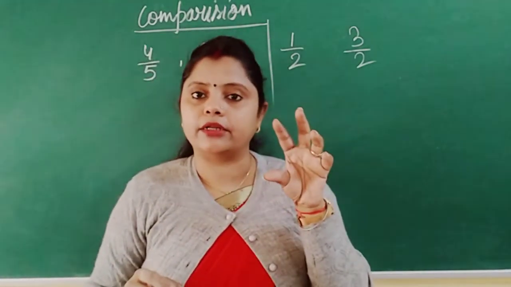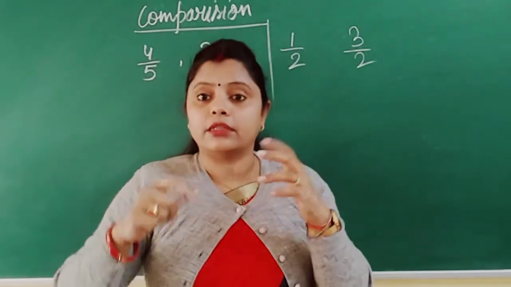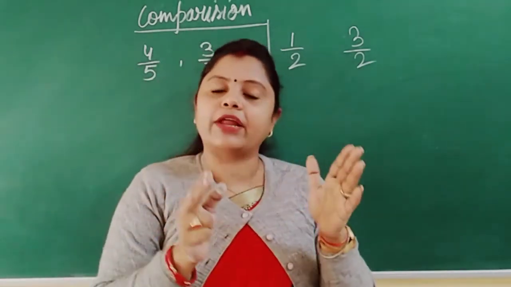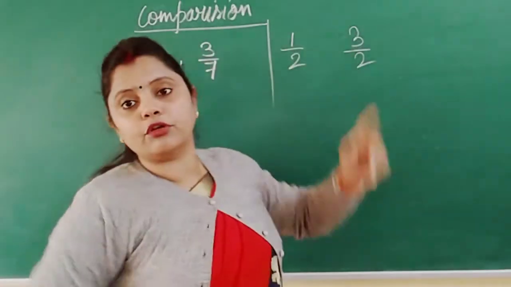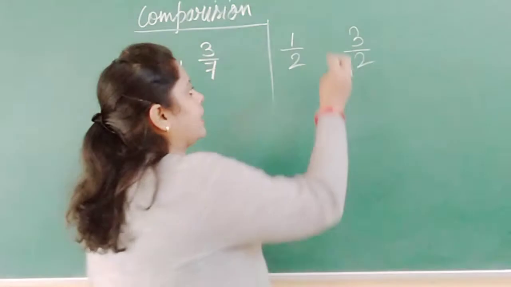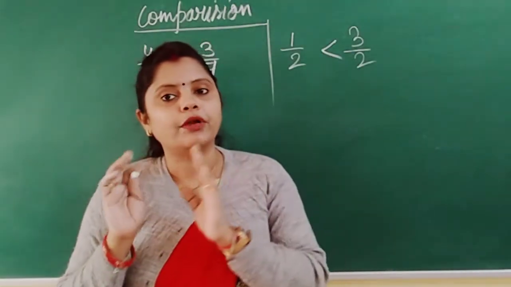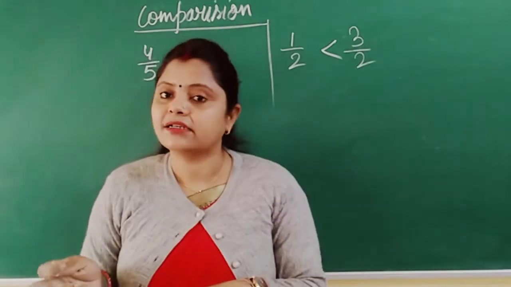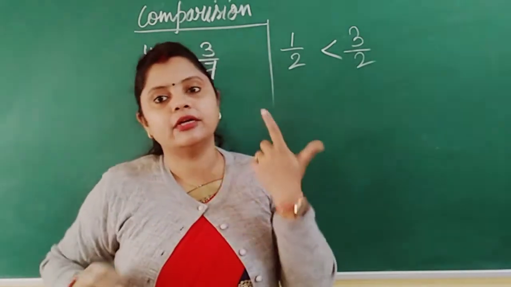The fraction with the greater numerator is the greater fraction. Between 1 and 3, obviously 3 is greater. That means 3 by 2 is greater than 1 by 2. So if denominators are same, the greater numerator will be the greater fraction.